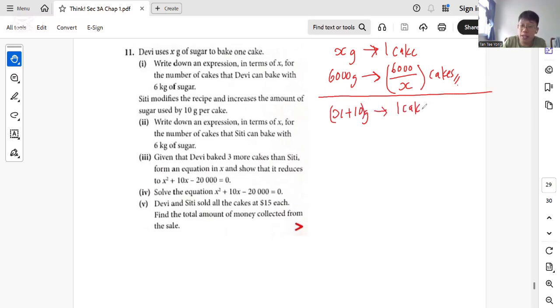Then the number of cakes that Siti can bake with 6 kg. Also 6 kg, so 6,000 grams. So 6,000 grams can allow you to bake 6,000 over X plus 10 cakes.